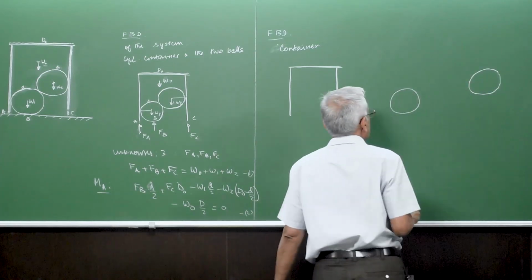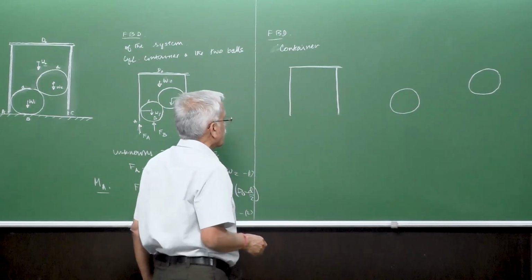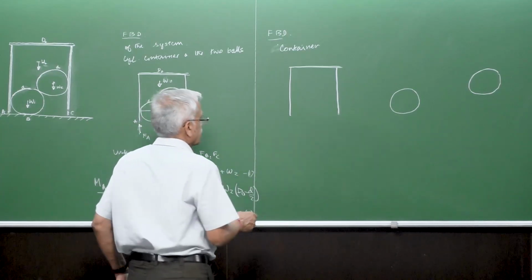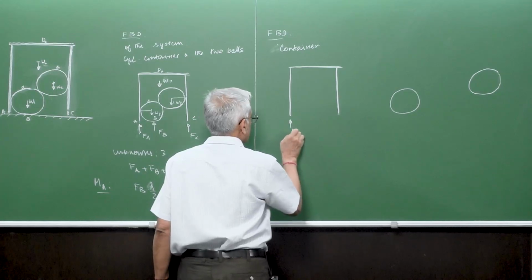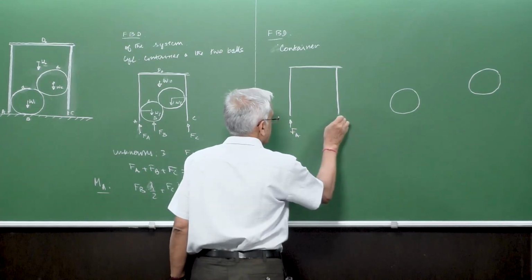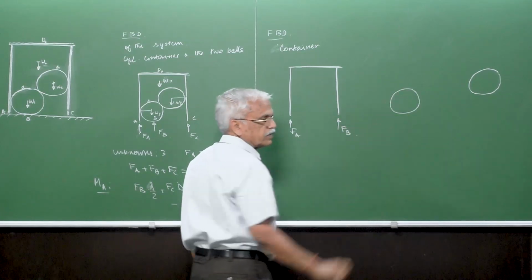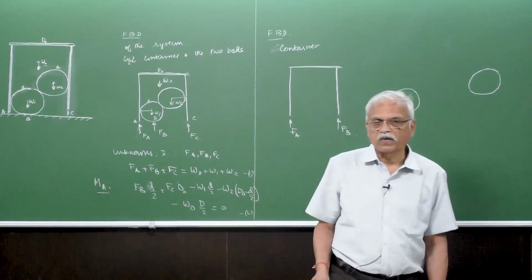This is the first ball. All of them we will see together. We will continue to have force A and force B here. I'm showing all the free body diagrams right here, and then I'm going to put down the forces.